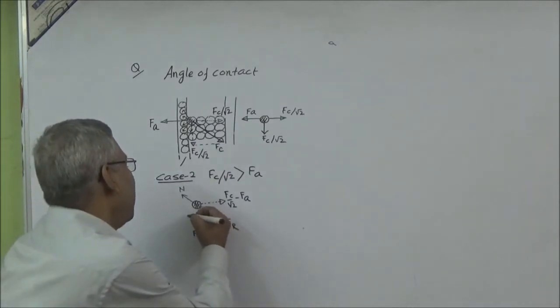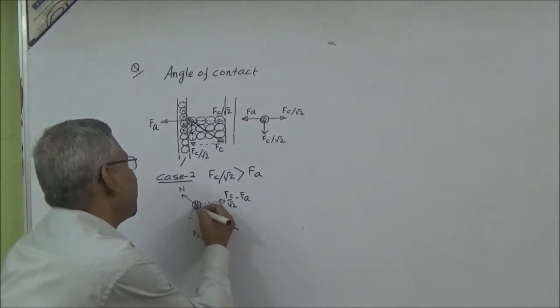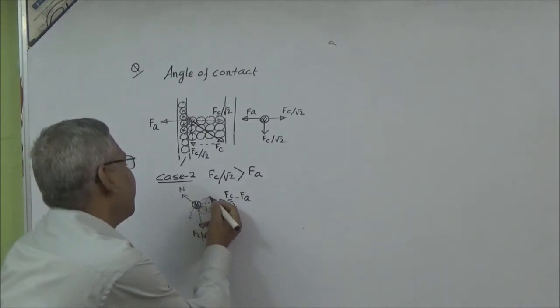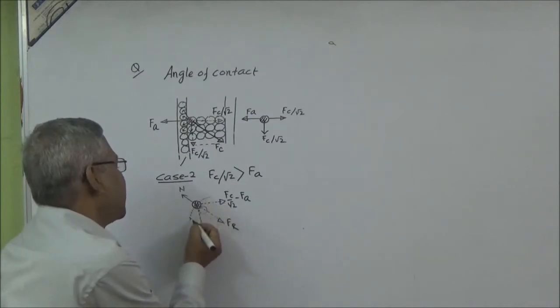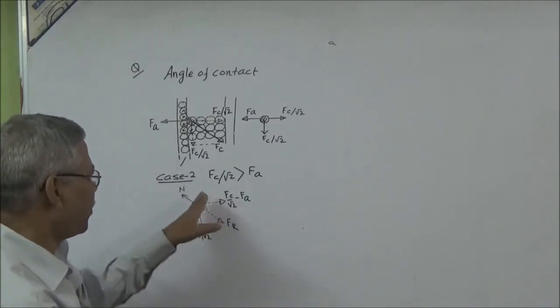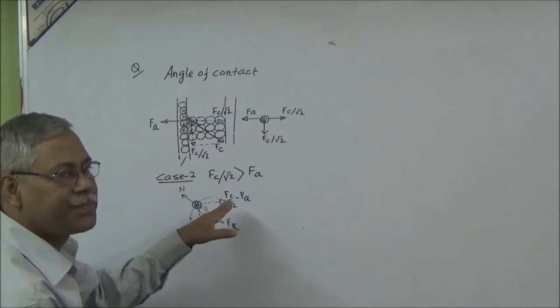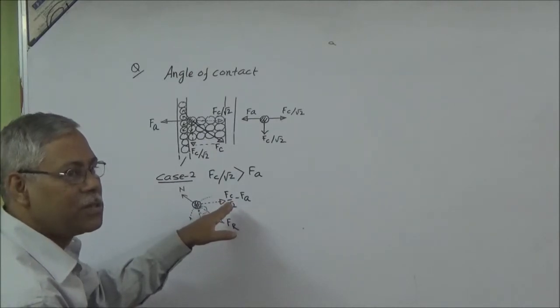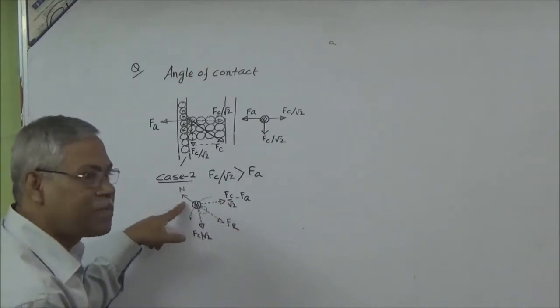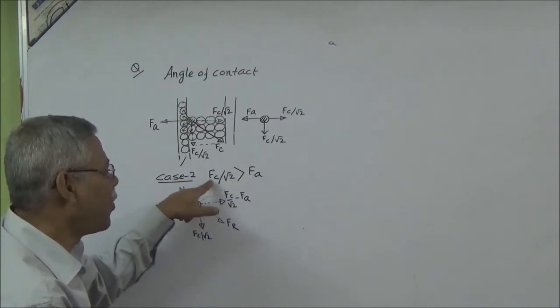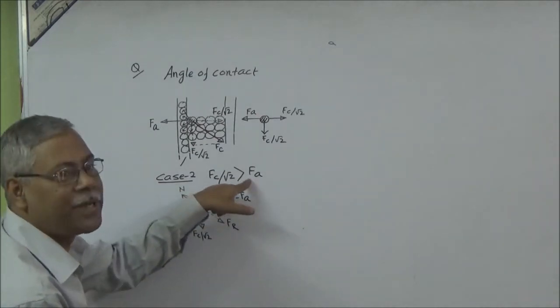So the surface will be like this. This will be the shape of the surface. Okay. So in which case do you get this type of surface? Provided Fc by root 2 is greater than Fa.